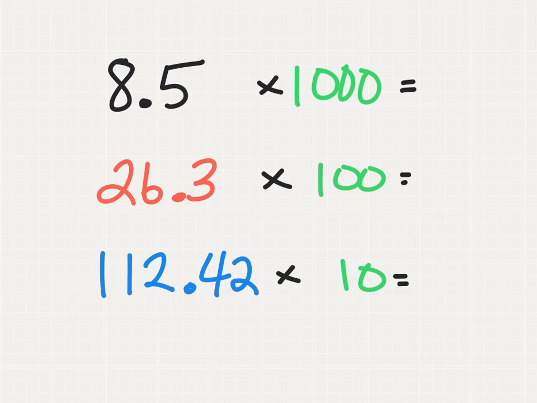When multiplying by a power of 10, take the existing decimal and simply move it one place to the right for each zero in your power of 10. So 112.42 times 10 becomes 1,124.2.